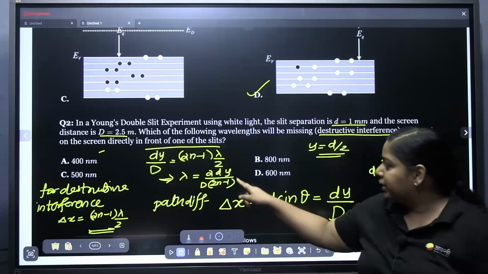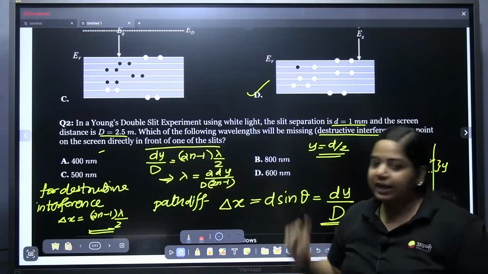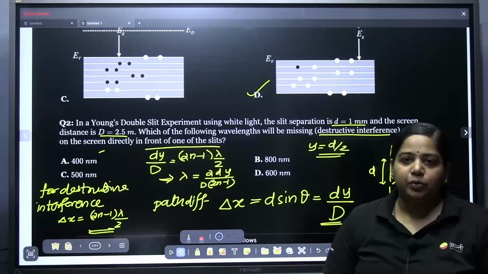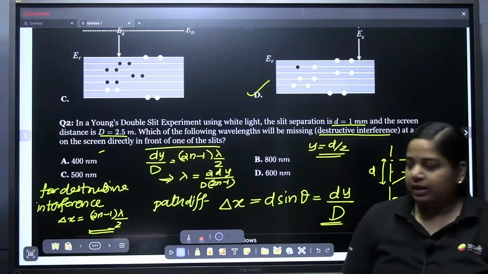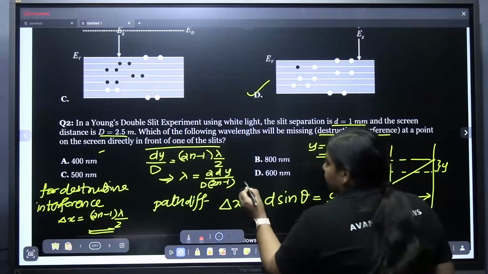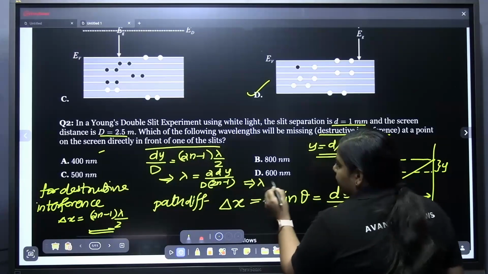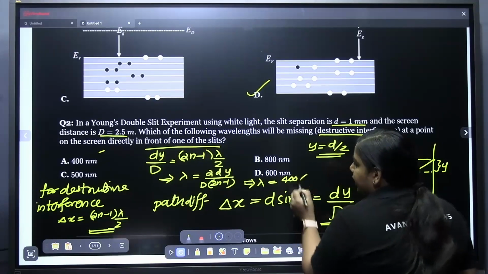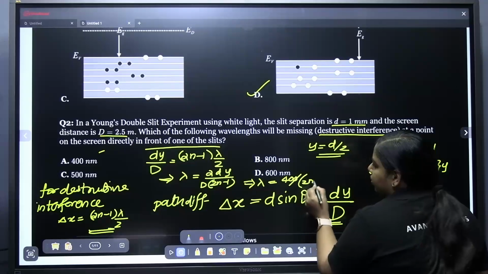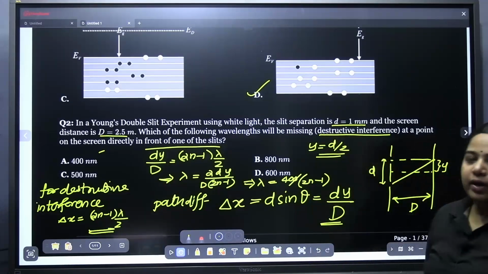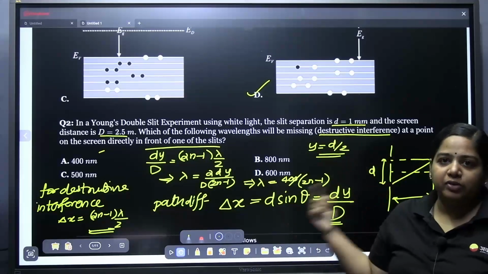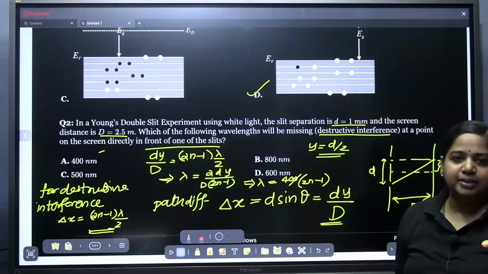Now substitute it, find 2 d y by D and divided by 2n minus 1, keep it like that. When you solve, you will get lambda equal to 400 divided by 2n minus 1. Then substitute n equal to 1, n equal to 2, like that we can substitute.